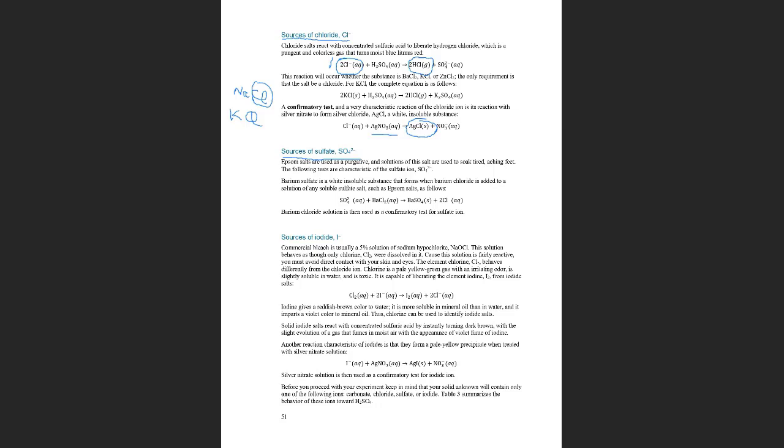And then you want to do a confirmatory test. The confirmatory test for sulfate is the addition of barium chloride, and it forms a precipitate, the solid barium sulfate. So that will be our confirmatory test.